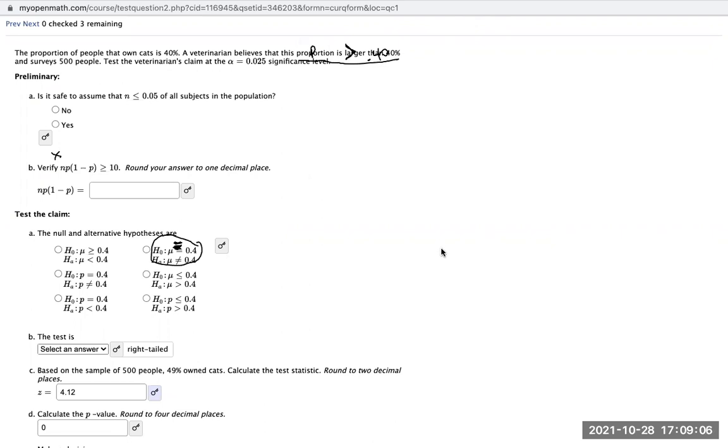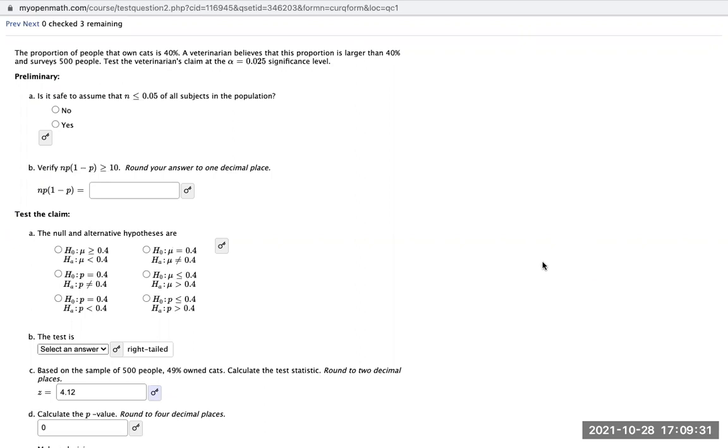So the p was less than the alpha, right? Is that what we decided? Okay, I see what you're saying. There's two p's in the problem, the p-value and the proportion p.